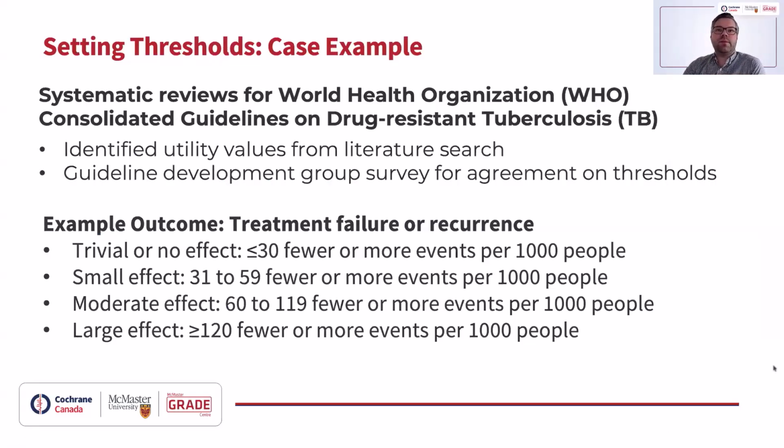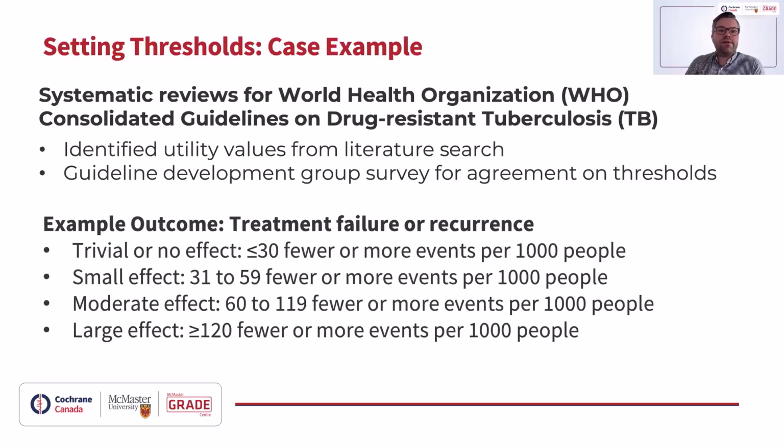So as an example of treatment failure or recurrence of tuberculosis, we had set the following thresholds of 30 or less for a trivial effect, 31 to 59 for a small effect, 60 to 119 for a moderate effect, and a large effect being 120 fewer or more events per 1,000 people. And again, this is setting these thresholds for absolute effects.